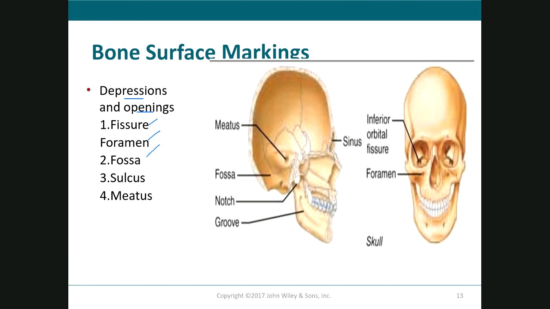These are spaces or little holes, for example, in the skull bone where cranial nerves or vessels pass through. Sulcus is a little space. Meatus, here you can see this space again. There's an internal auditory meatus and an external auditory meatus. It's the ear canal.